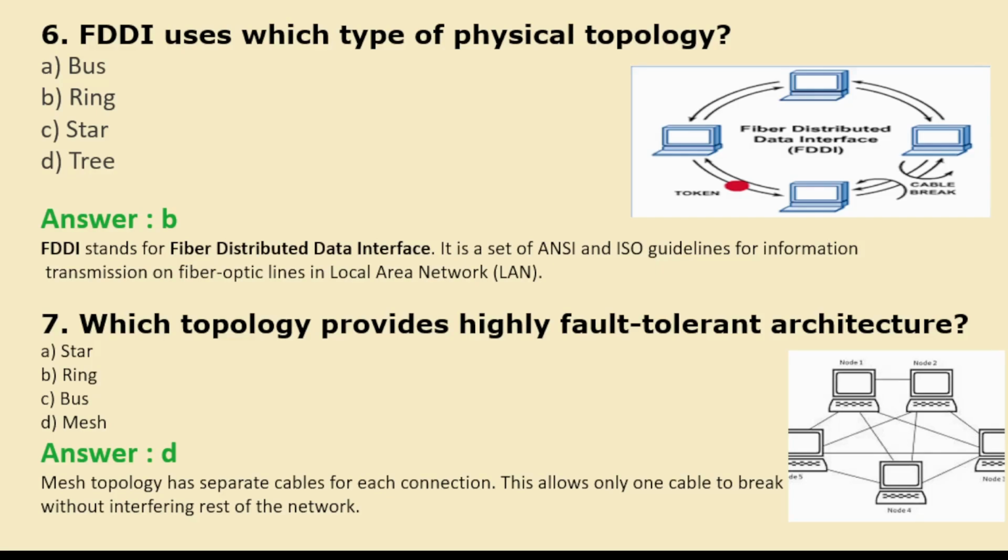As you can see in the diagram, these computers are connected via mesh topology. Each computer has a separate cable for each connection. So even if one connection is broken, it does not interfere with the rest of the network. So this is a highly fault tolerant architecture.